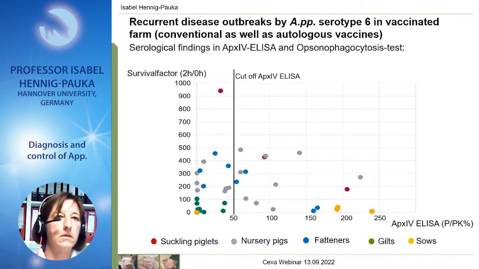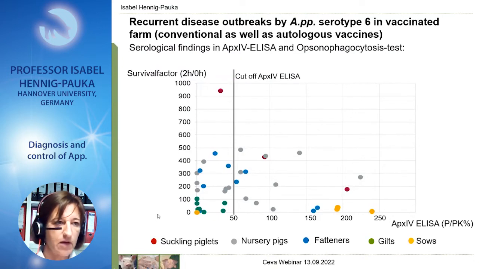You make the quotient between the amount of bacteria you started with at the beginning and the bacterial load after 2 hours. It should be below 1, so the bacteria should not proliferate. Then you can assume that opsonophagocytotic antibodies are in the serum.